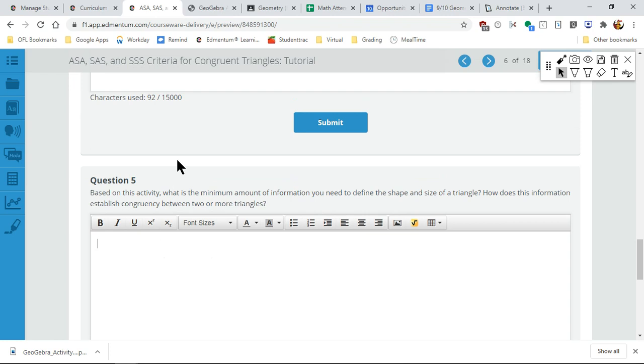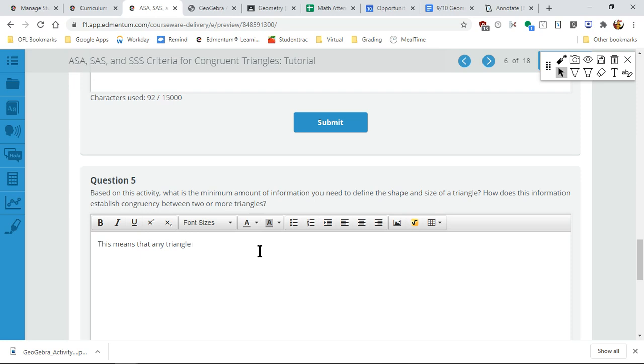So what does this activity mean as far as triangles with the same size and shape? Because we made up our own triangle, it's very weird that we would find one that works perfectly.